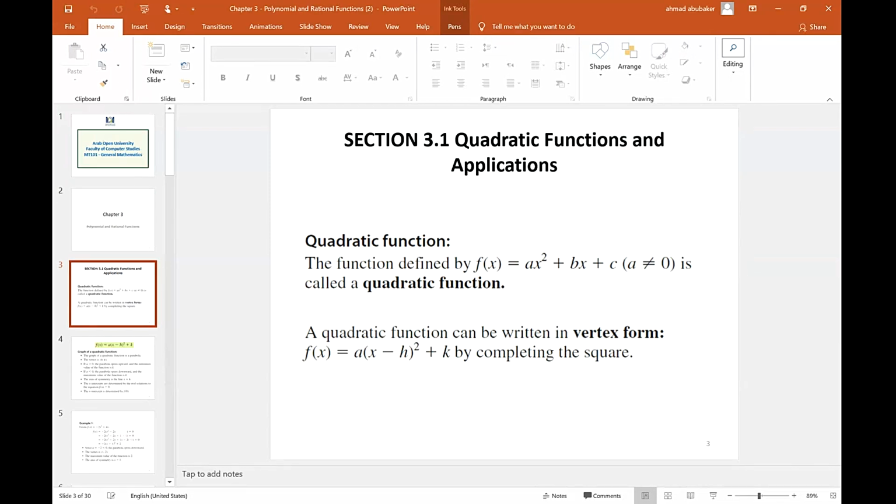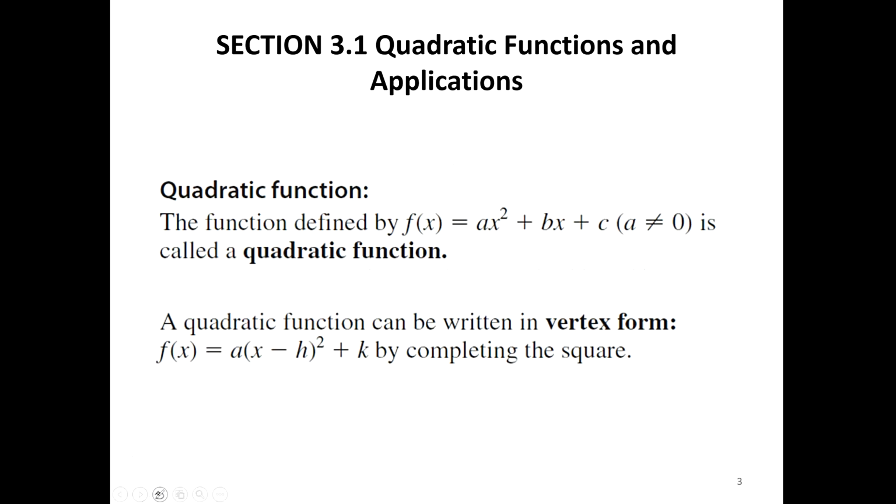What's the meaning of quadratic function? A quadratic function is a function of x with degree 2. So we have x squared and x and a constant term, but a must be not equal to 0.